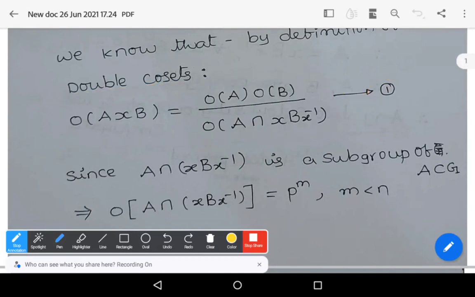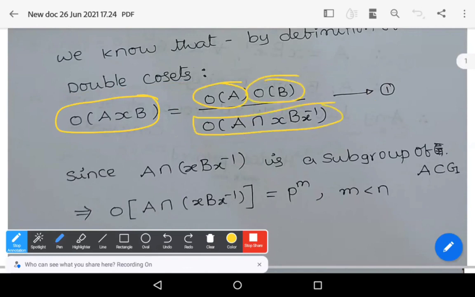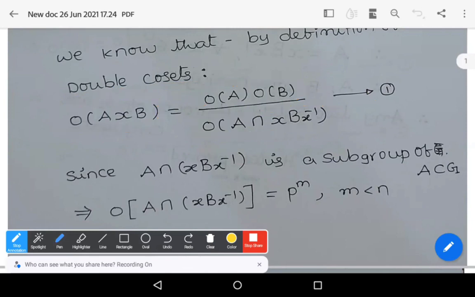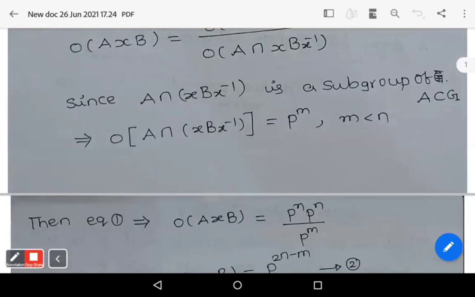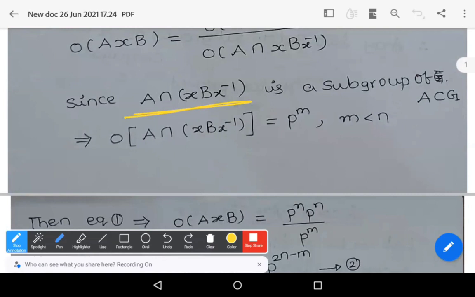It is very clear that A intersection x B x inverse is a subgroup of A as well as a subgroup of B.